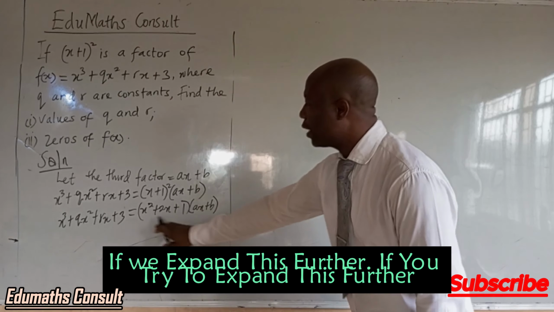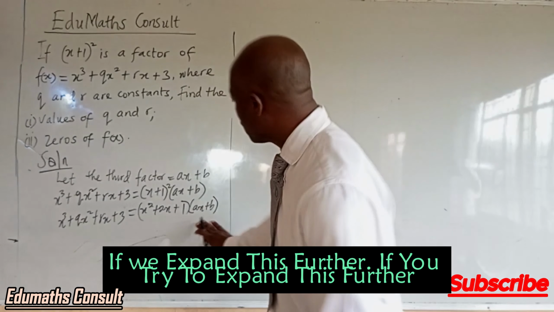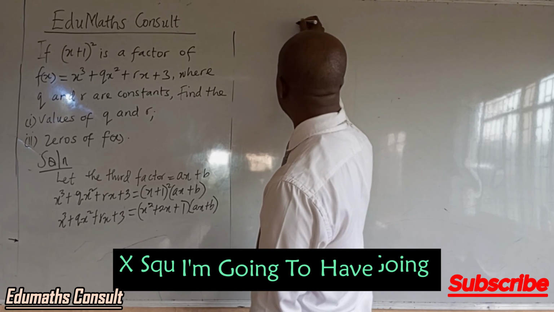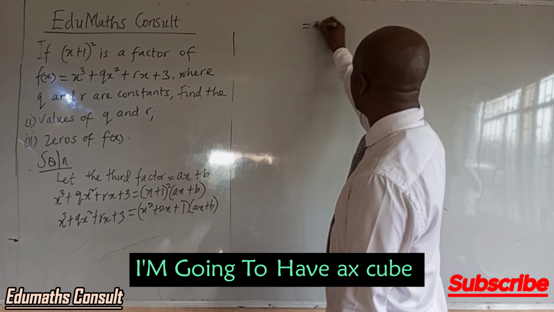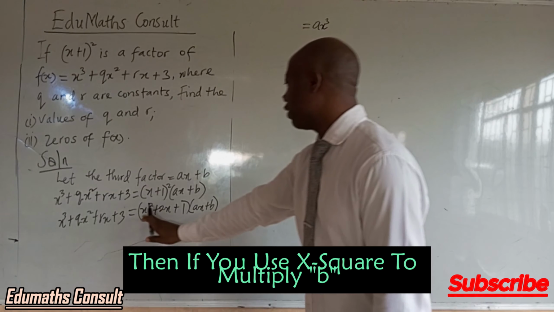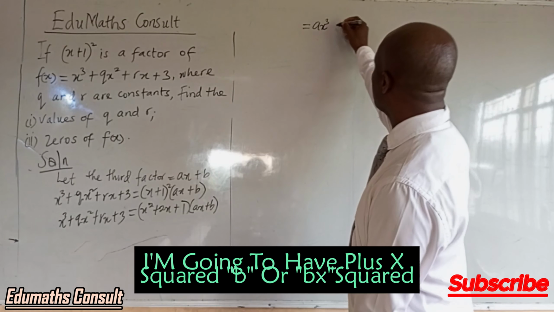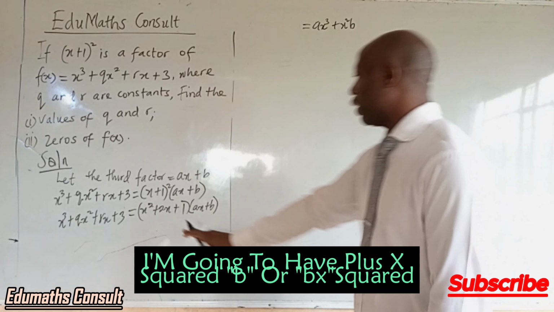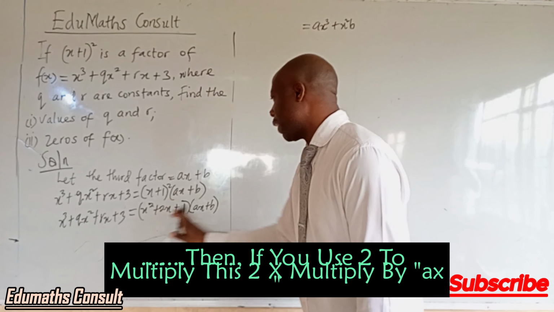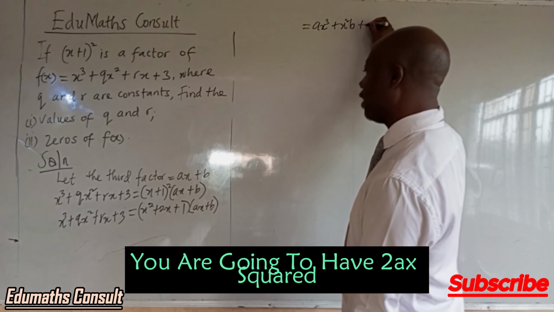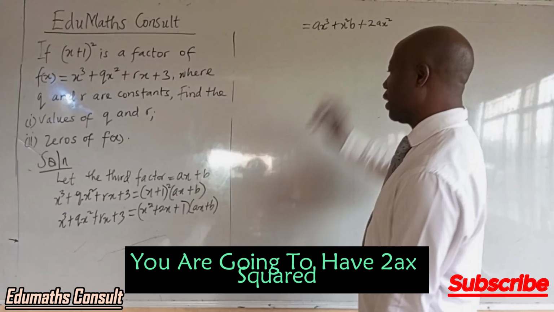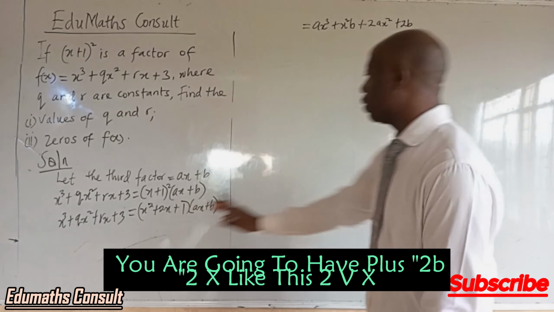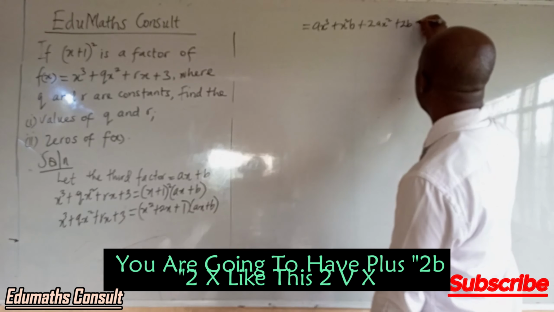If we expand this further, this is what we are going to get. x² times ax gives ax³. Then x² times b gives plus bx². Then 2x multiplied by ax gives 2ax². Then 2x times b gives plus 2bx.